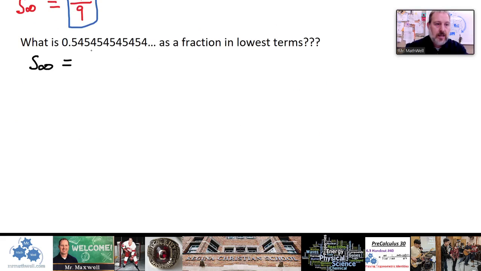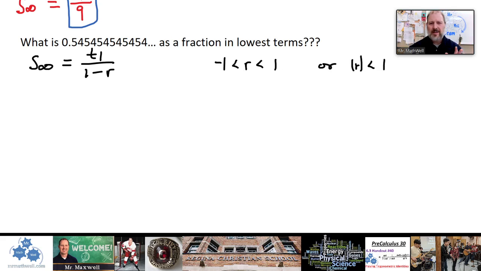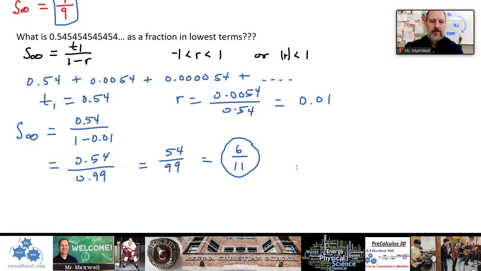Infinite sum is T1 divided by 1 minus R, where R is between -1 and 1, or the absolute value of R is less than 1. It just means that it has to be convergent. That's what this all means here. So go ahead and give that a try.